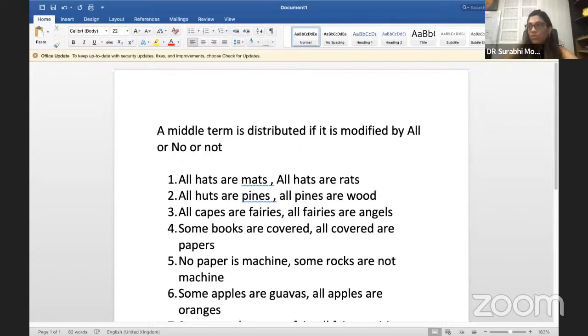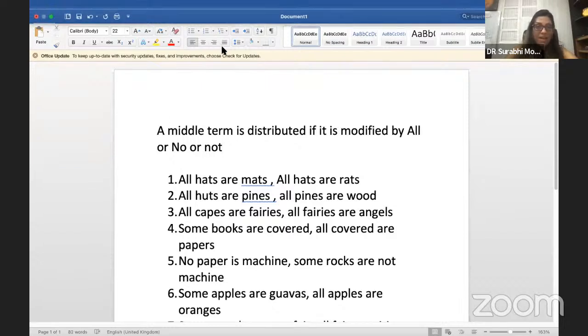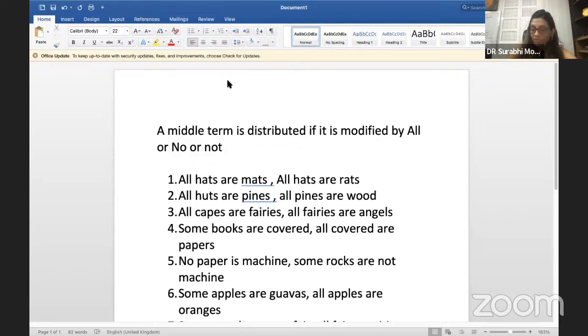A middle term is distributed if it is modified by all or no or not. That means if a middle term is modified by some, it is not distributed. All right. So let's go back to the middle term. First, underline the middle term.